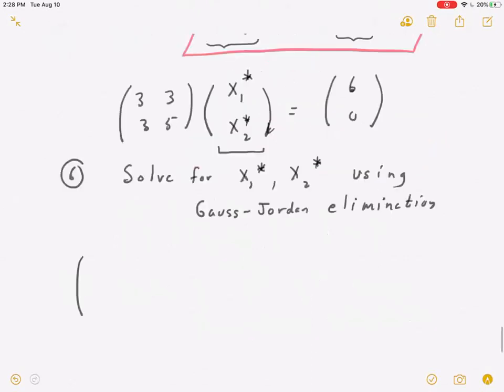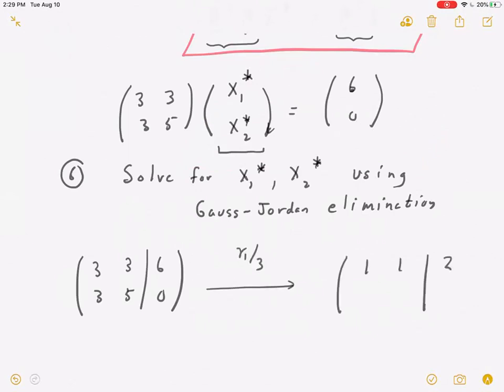Okay, so we can almost do this in our sleep, but we got to be careful. So here's the augmented matrix, and I want to find the appropriate elementary row operations to put it in reduced row echelon form. Okay, first thing I'm going to do is take row 1 and divide it by 3.